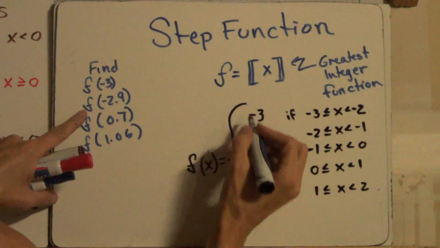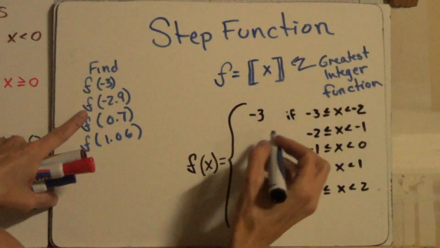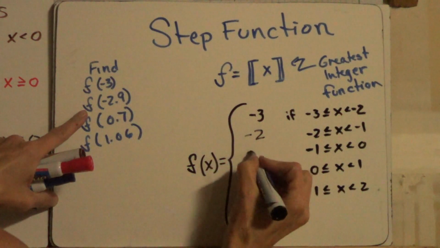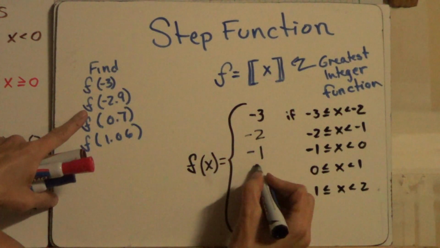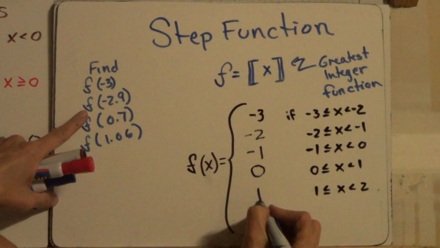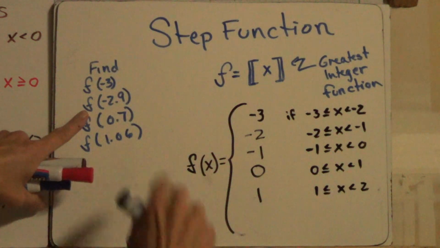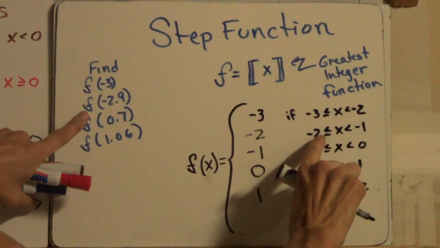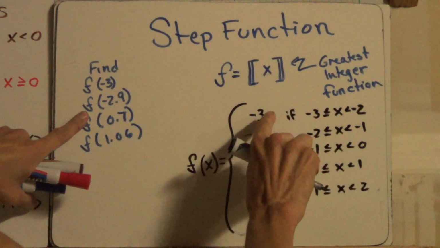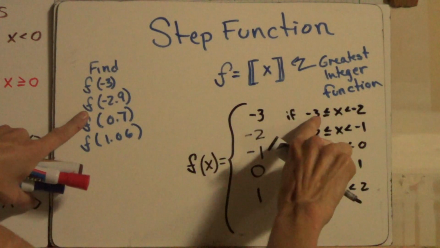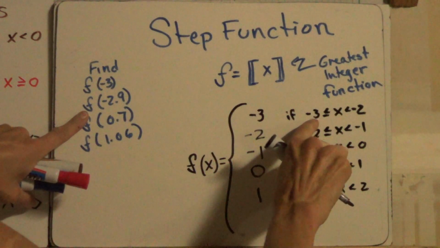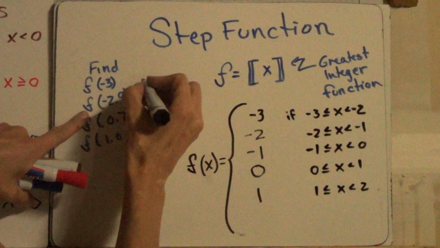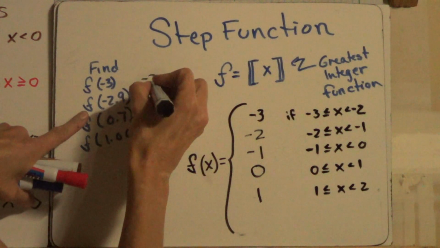Now what's funny is because it says greatest integer function, the next one will be negative 2, negative 1, 0, and 1. Okay? So negative 2.9 is between negative 3 and negative 2, so that one would also be negative 3 still.